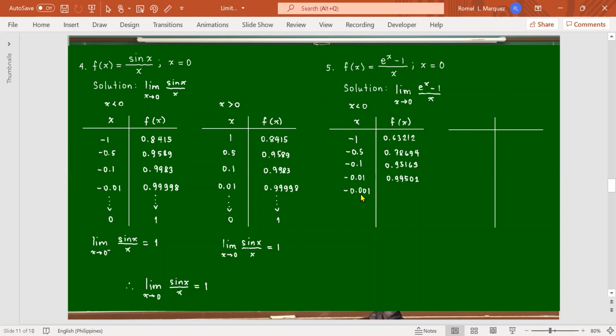When x is negative 0.001, 0.99995. Let's have one more, negative 0.0001. We have, what value do you think, guys?